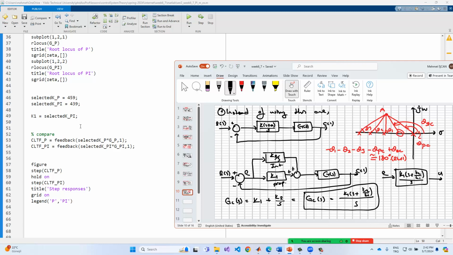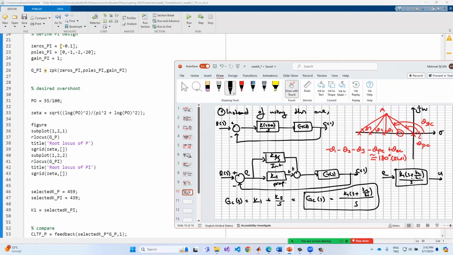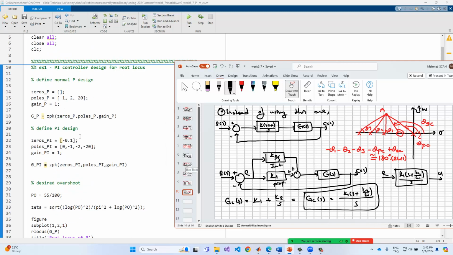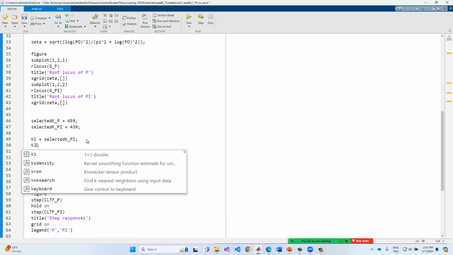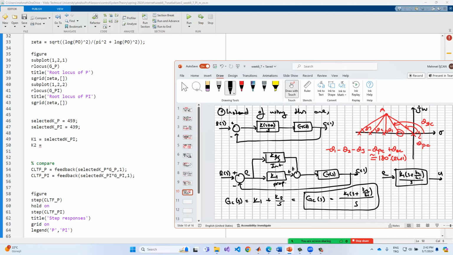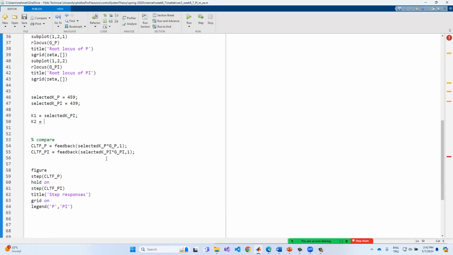But see that if we are using the 0.1 value in here, we have s plus 0.1, which means that the selected kpi is equal to k1, but k2 divided by k1 must be equal to 0.1, right? Because this is the coefficient of these terms, right? And so the k2 is equal to a, and so 0.1 times k1.